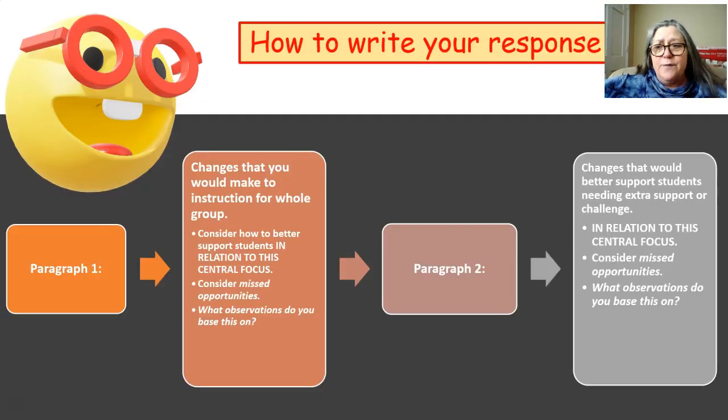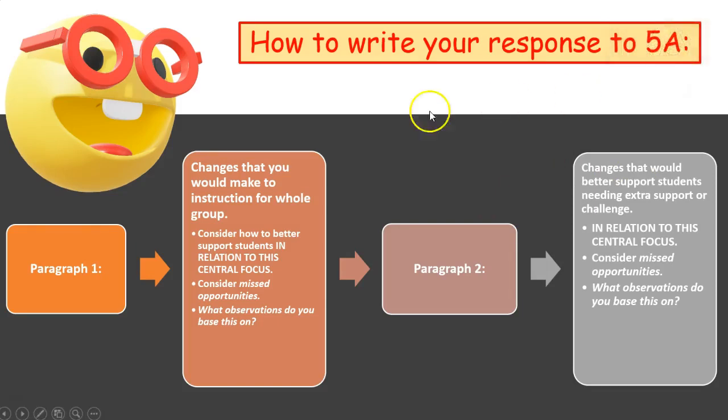To write your response to 5A, I suggest that you do at least 2 paragraphs. In the first paragraph, talk about changes that you would make to your instruction for the whole group. This is for the whole class.